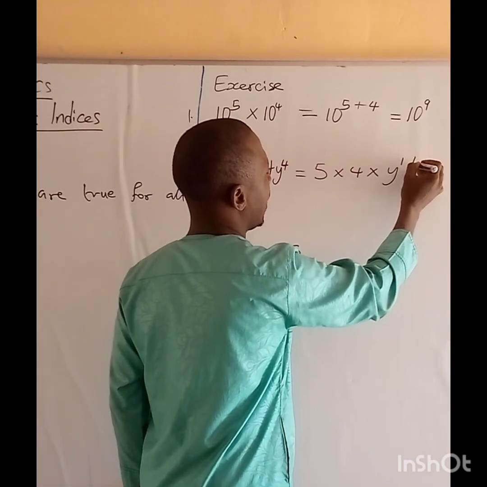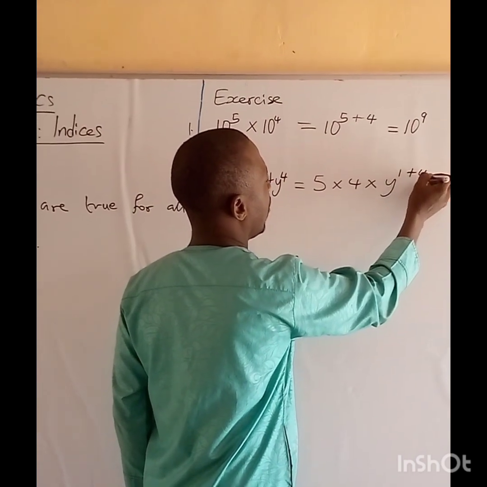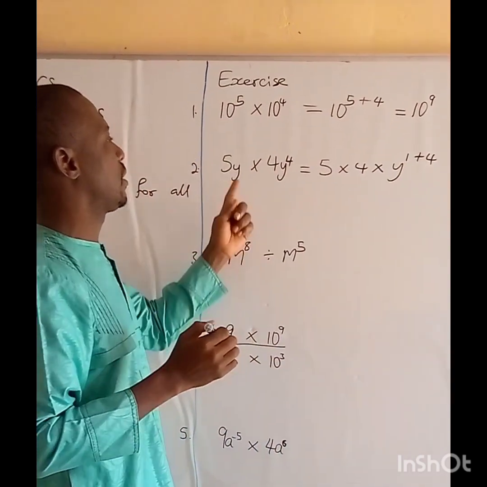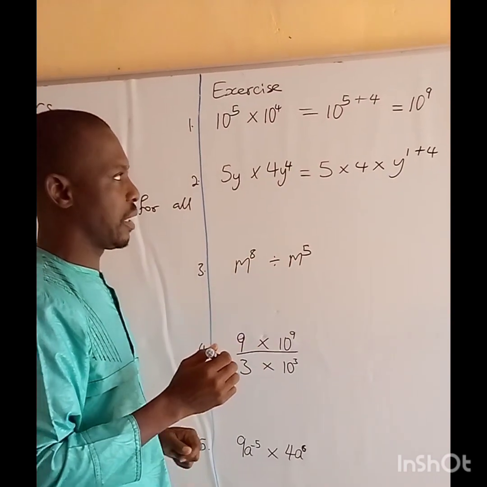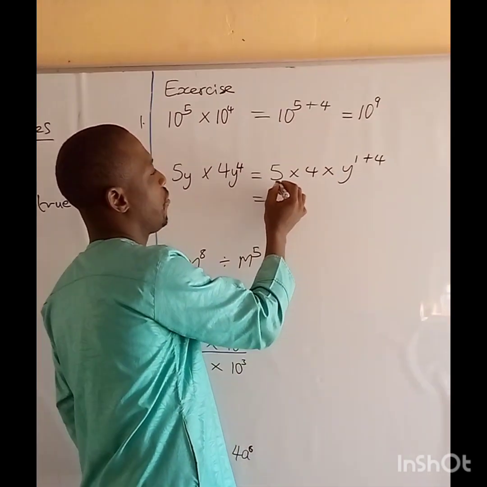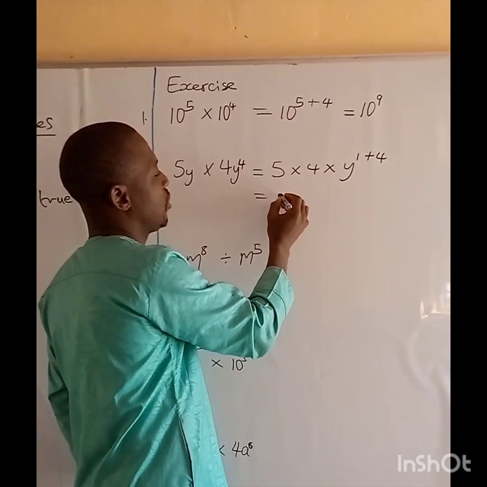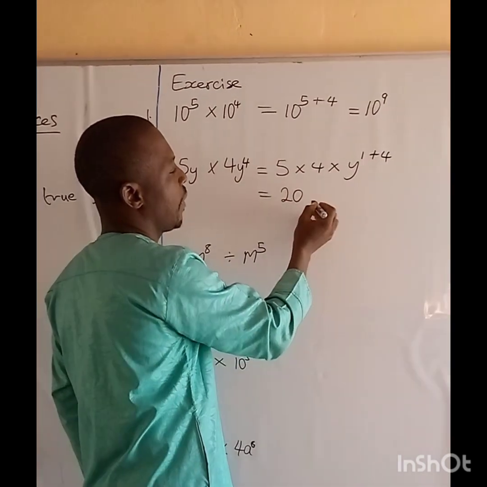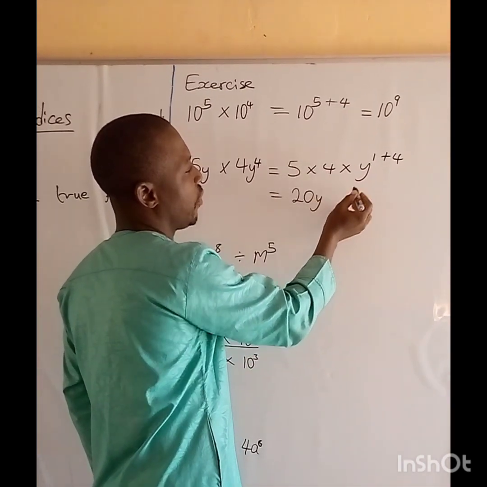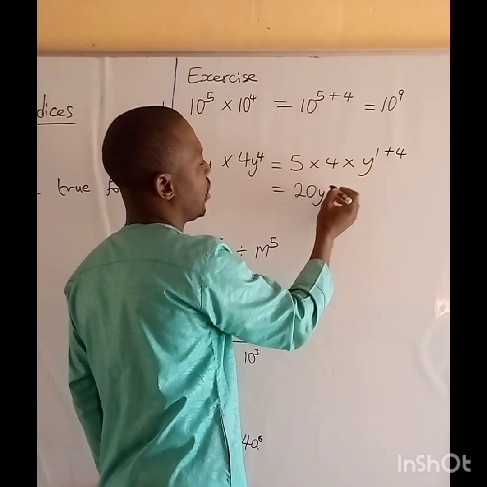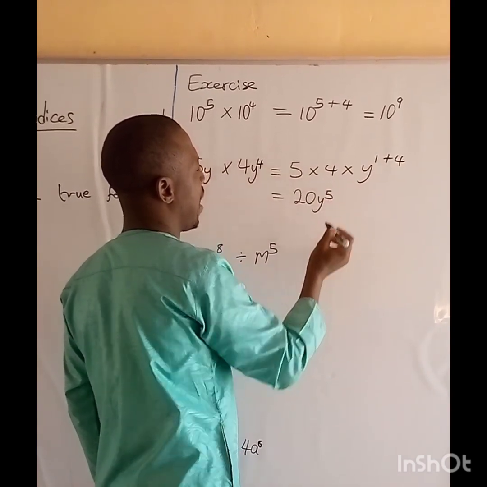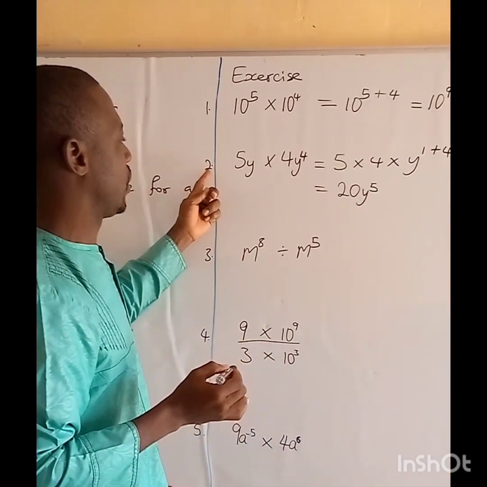So we'll now add the power of the first y with the power of the second y. And then we now have 4 times 5 to be 20. And then y raised to power 1 plus 4 is 5. That is the result for number 2.